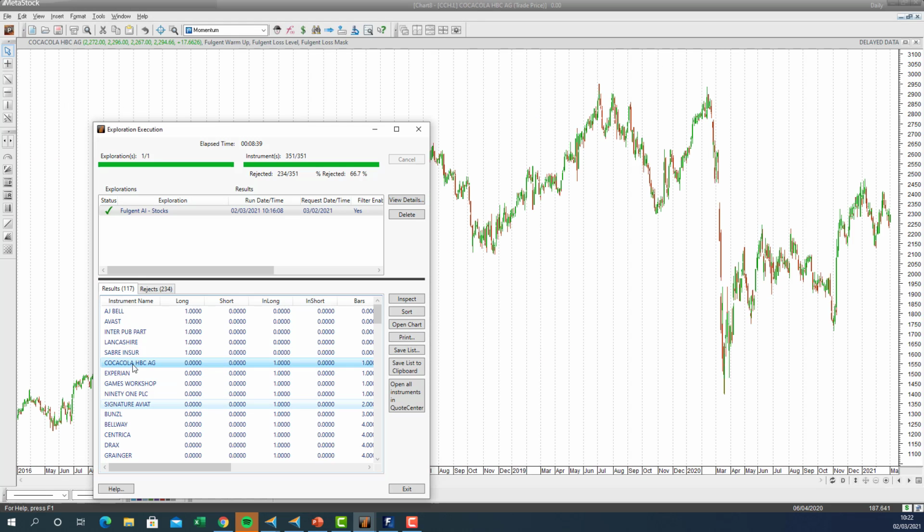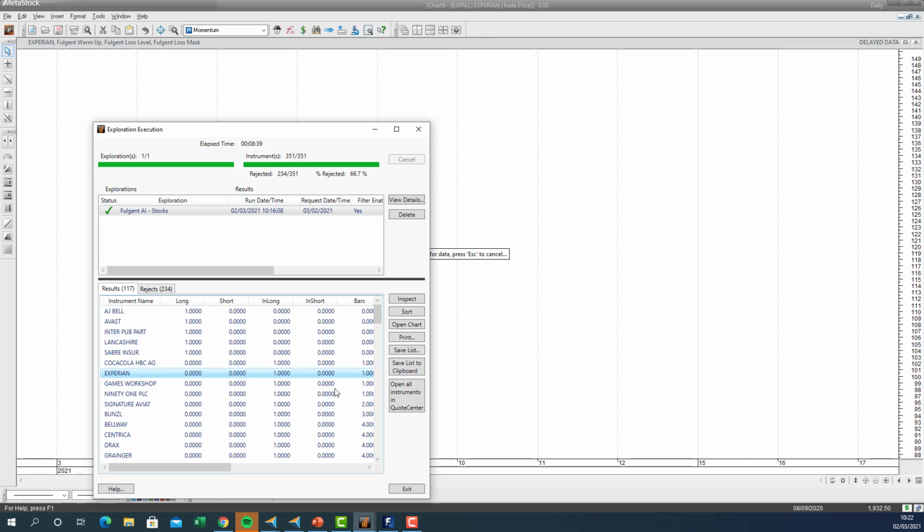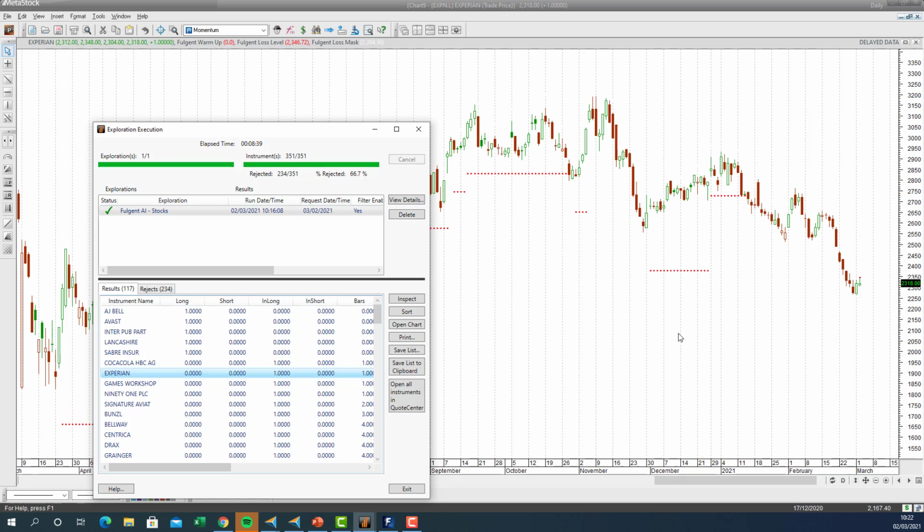Don't know why this stock's in here, but no. The CCH, okay, CCH, yeah. Quick move here, huge move, quick move to the downside. Now there's a swing trade to the upside. Experian. Major reversal expected in Experian, so there's some upside potential there.